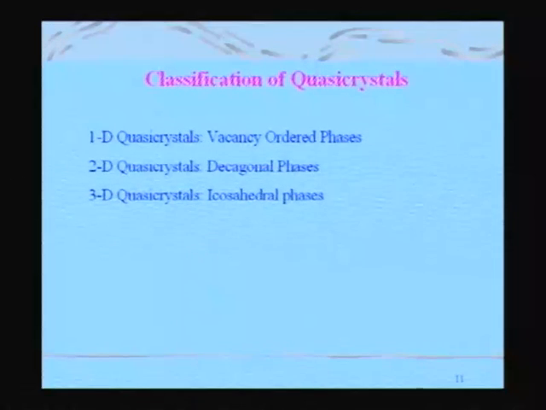Quasicrystals have been classified into 3 groups basically. One is called one-dimensional quasicrystals. What are one-dimensional quasicrystals? One-dimensional quasicrystals means those quasicrystals where in 2 dimensions the atomic arrangement is periodic.